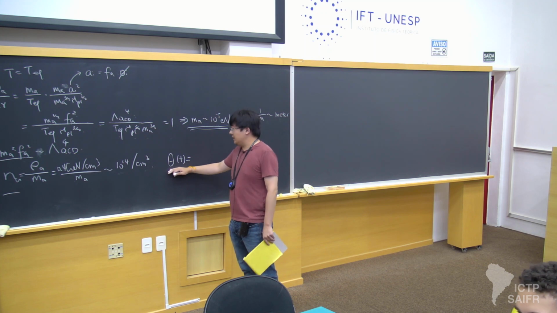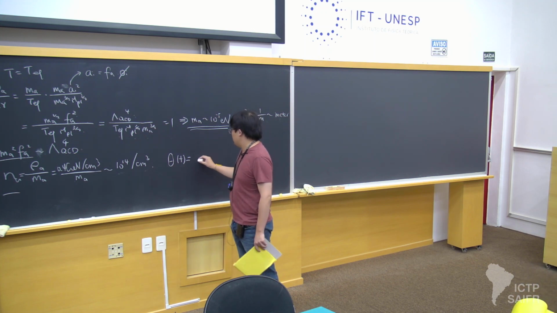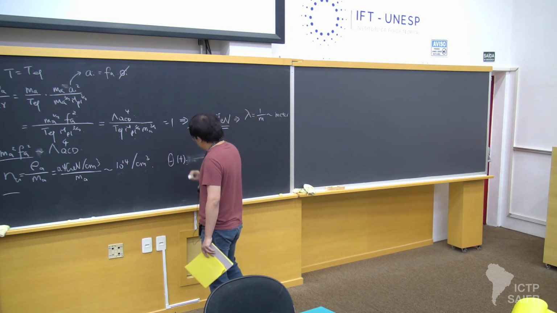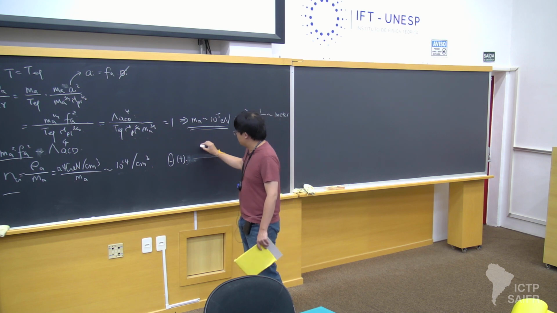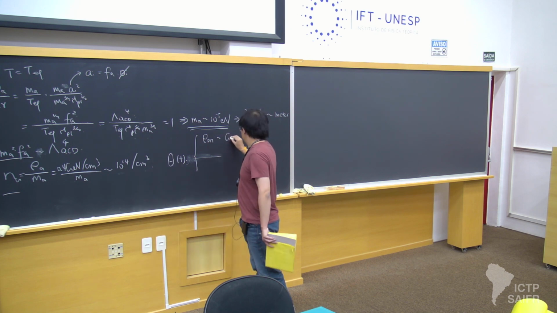So theta_t towards the very end can be computed. I want to compute theta_t, right? There are two things. I have rho dark matter, as I said, is GeV over centimeter cubed.